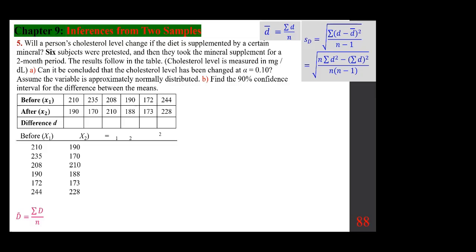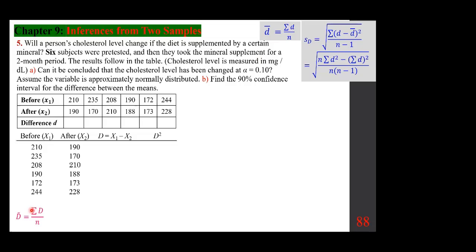I hope you remember when we had the data and we wanted to take the average, the mean, we add them up, we divide by size. Okay, everybody remembers that? So that's the same formula. Instead of using x, we are using d. Sometimes they use lowercase d, sometimes they use uppercase D. I'm choosing to use both of them on purpose, so you are exposed to both cases. So those are the formulas.